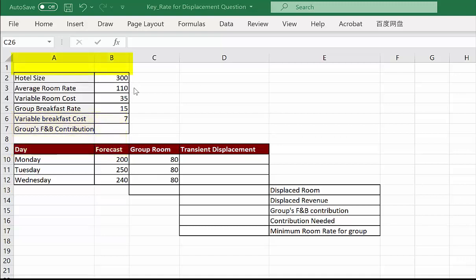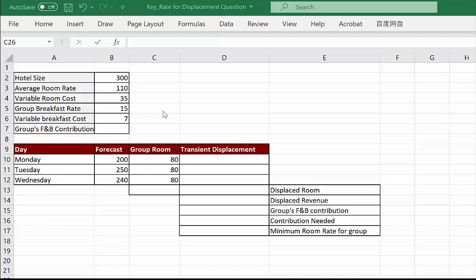The transient customer will pay $110 per night. The variable room cost is $35, and for the group, they will pay $15 per person per day for having breakfast at your hotel, and the variable cost for breakfast is $7 per person.